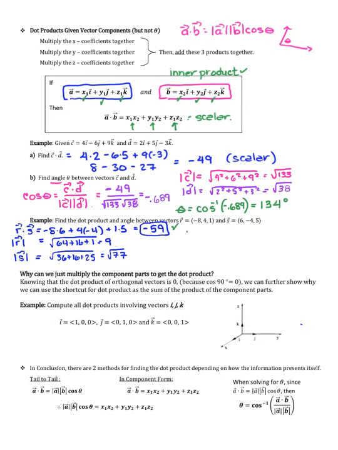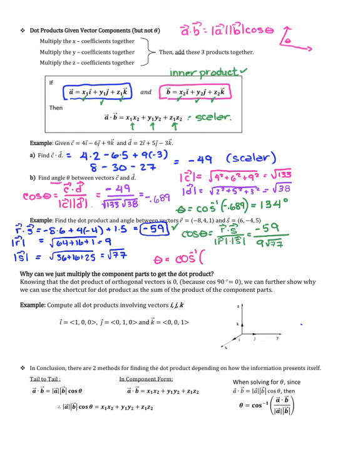So we have our dot product done. Now we know that the cosine is going to be the dot product, it's worth emphasizing, over the product of the magnitudes. So this will be negative 59 divided by 9 times the square root of 77. And so when we go to find theta, it'll be the inverse cosine.